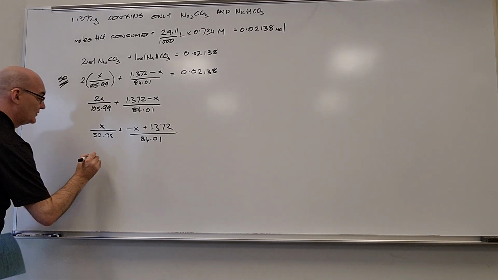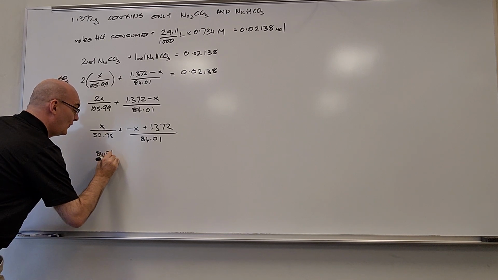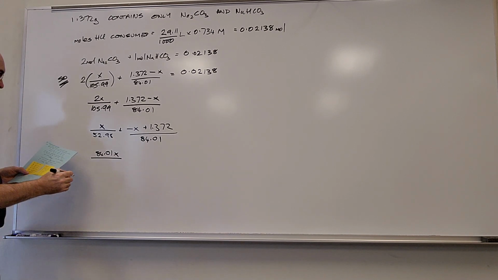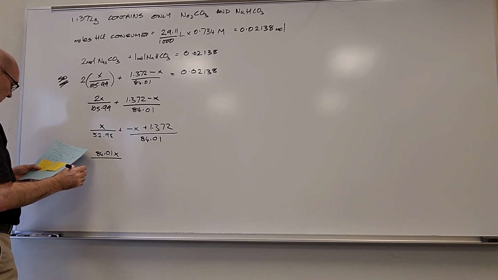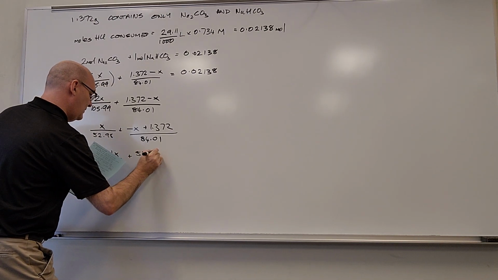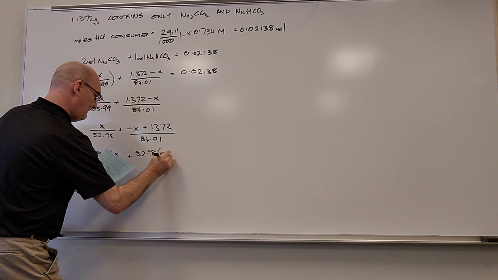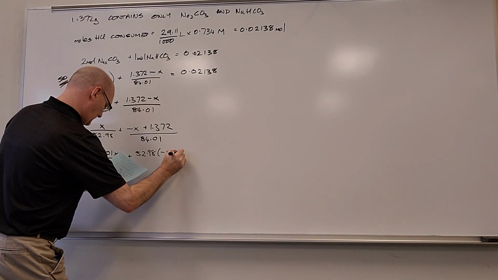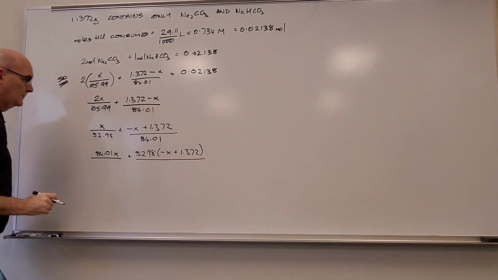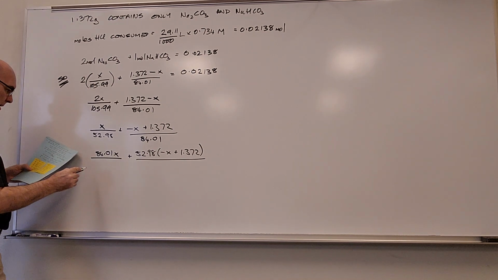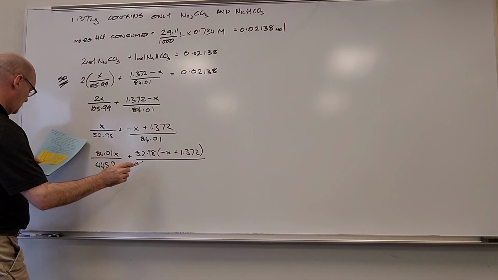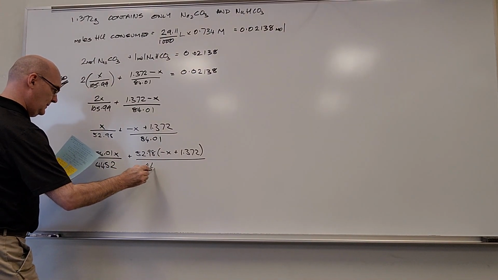Okay, so 84 x's plus 53 both be over 44, 52.